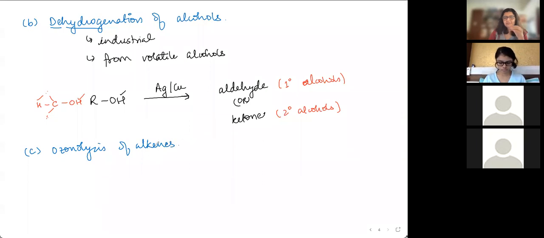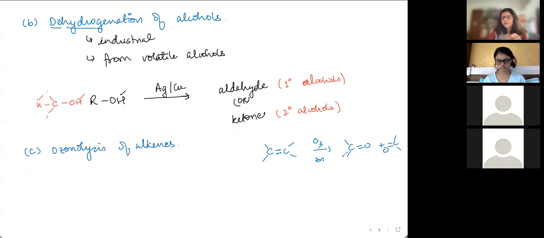Again, if you remember ozonolysis, basically you have C double bond C, attached to whatever different things. After ozonolysis, the double bond is replaced by a double bond to oxygen, and the rest of the things remain the same.